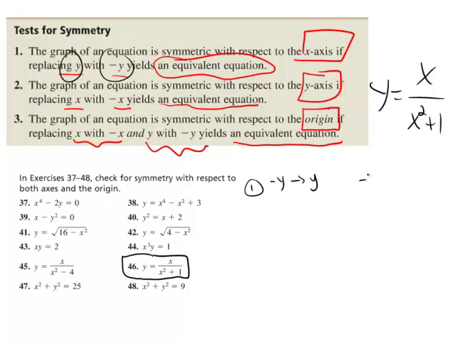And the answer is no. If I replace y with negative y, and there's no y's on this other side here, I don't get the same thing back out. I got this negative sign here that doesn't get canceled out.